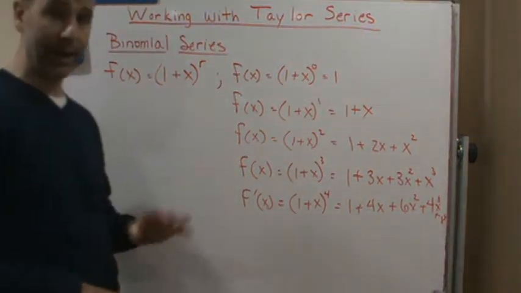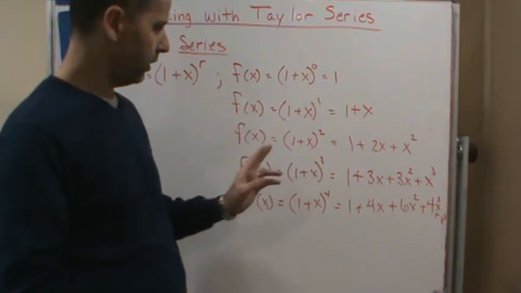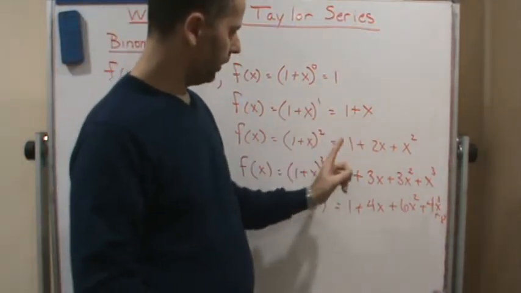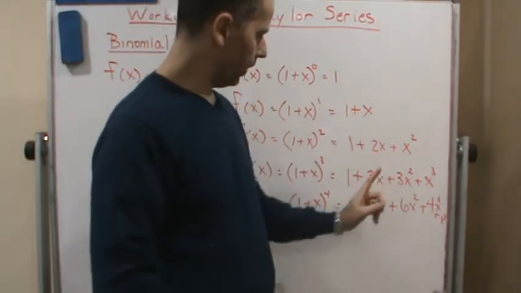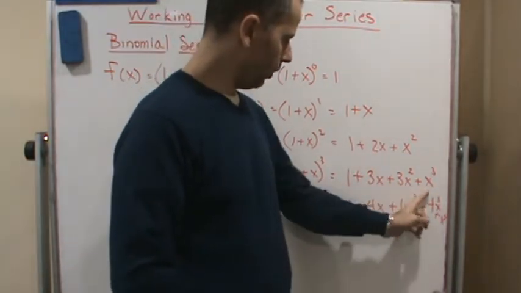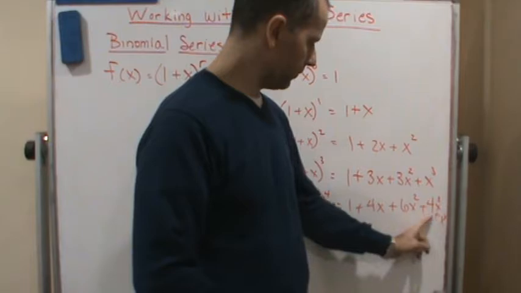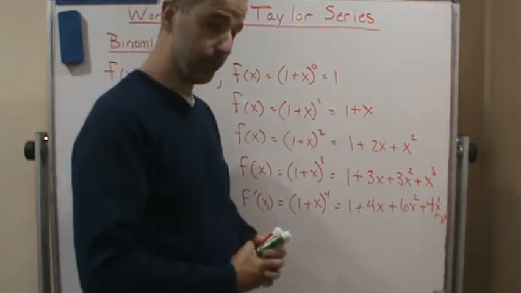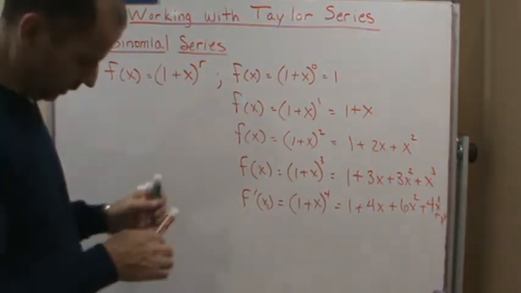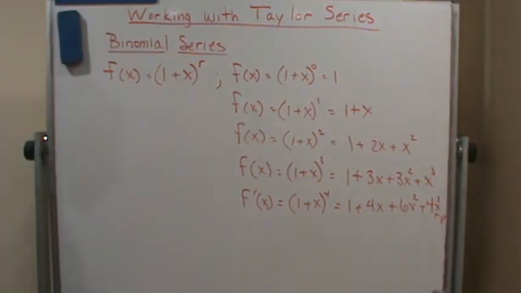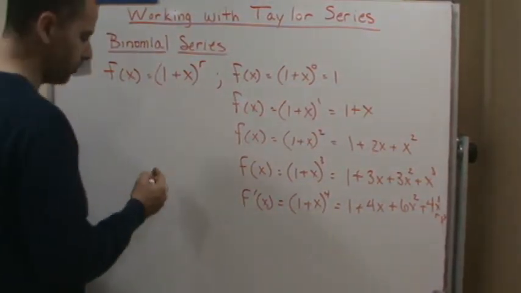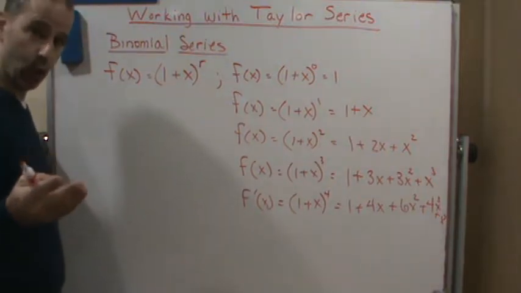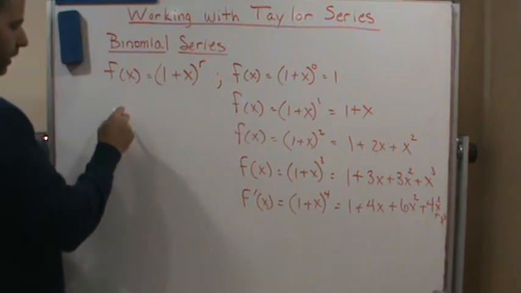Some of you may notice this pattern of the coefficients: we have 1, then 1, 1, then 1, 2, 1, 1, 3, 3, 1, 1, 4, 6, 4, 1. Some of you might recognize this pattern from your days, many semesters or maybe years before, back in algebra, when we had these binomial expansions, right?